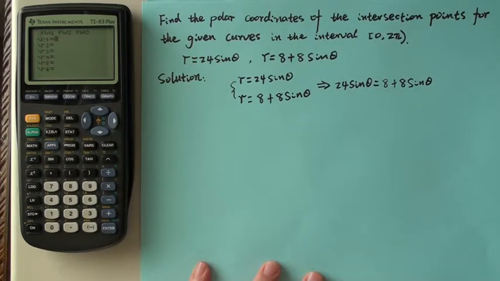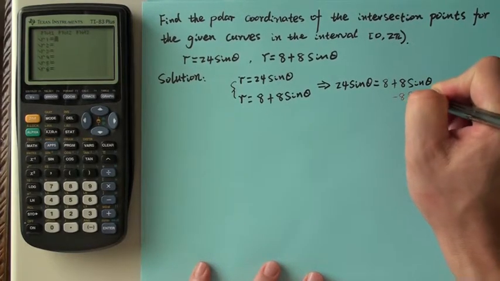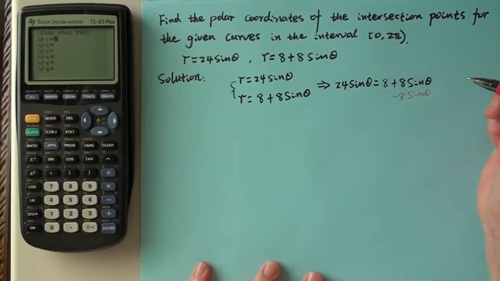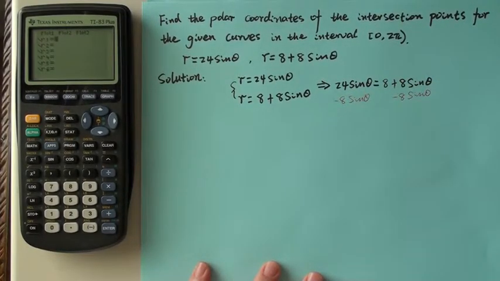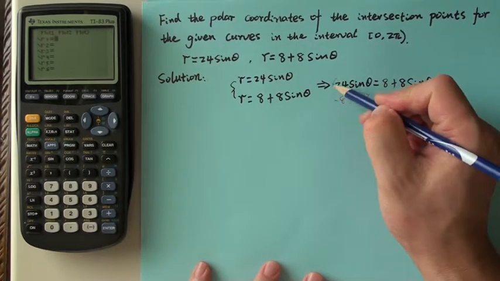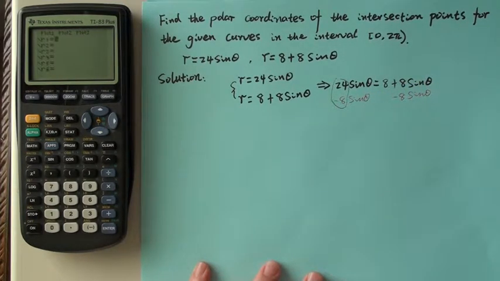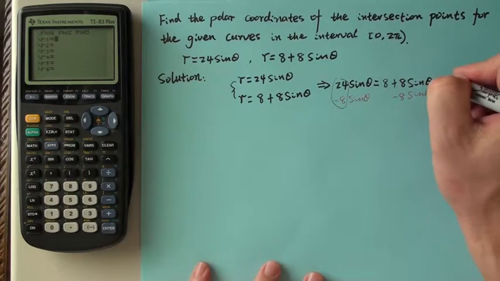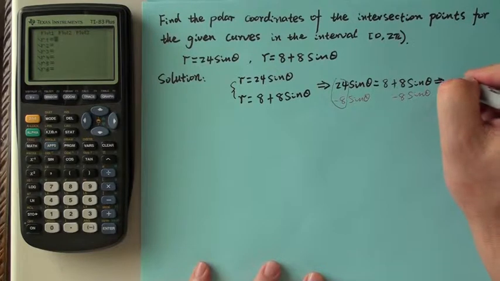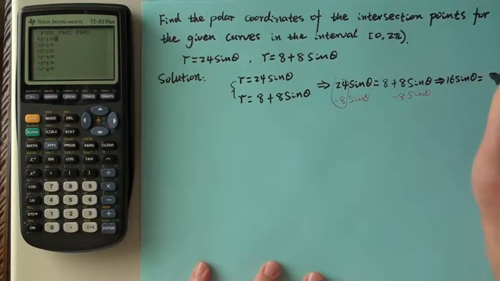Now we subtract 8 sine theta from both sides. 24 minus 8 is 16, so we get 16 sine theta on the left, and on the right-hand side 8 stands alone.